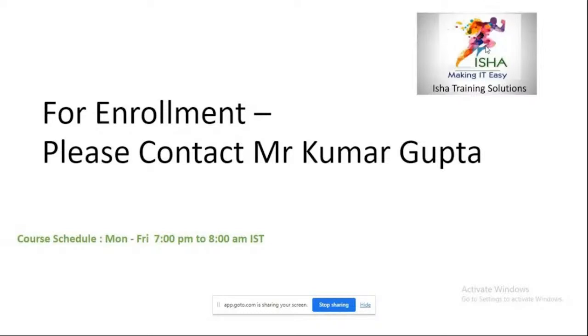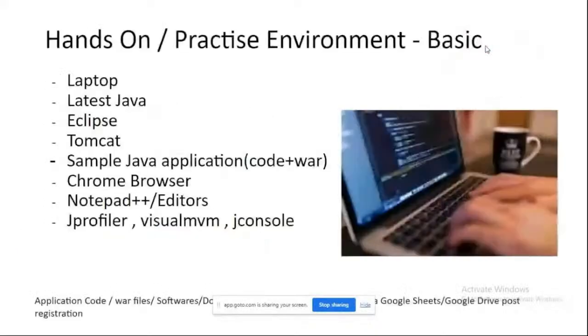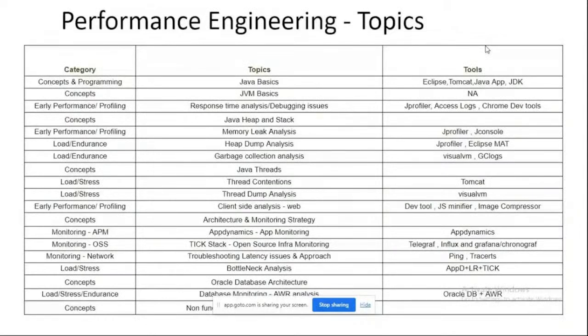Whether your application is hosted on-premise, on cloud, GCP or Azure, it doesn't change all these profilings, heap dumps, thread dumps, GC analysis, client-side analysis, AppDynamics. Maybe the open source monitoring may not be required there because you might have a CloudWatch kind of thing. Apart from that, pretty much it is all common.